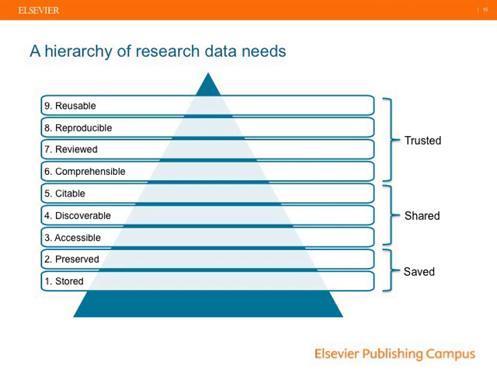Now, if we move even higher up in the pyramid, it's important that people trust your data, because if they don't trust it, they might not reuse it. Now, one way to make your data trustworthy is to make them comprehensible, so that when people look at the data, they actually understand what they're looking at and how they could use it. And I think an important part of making your data comprehensible is also to add metadata.